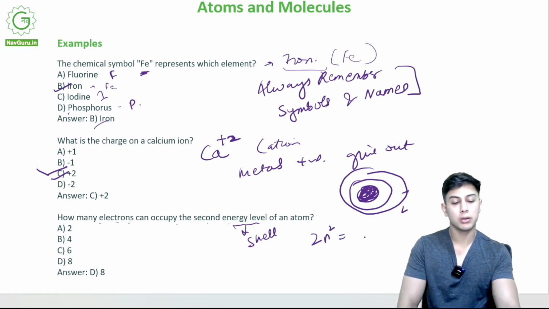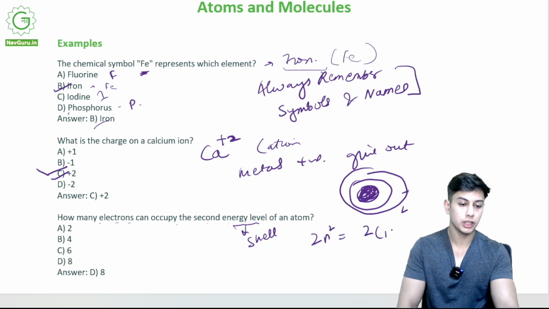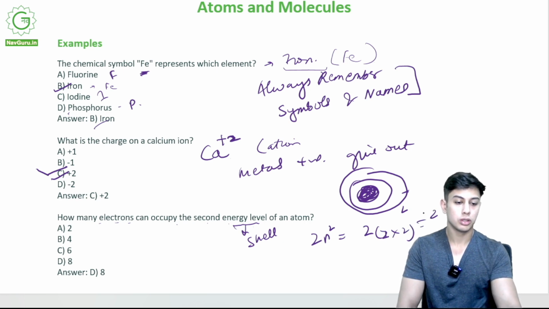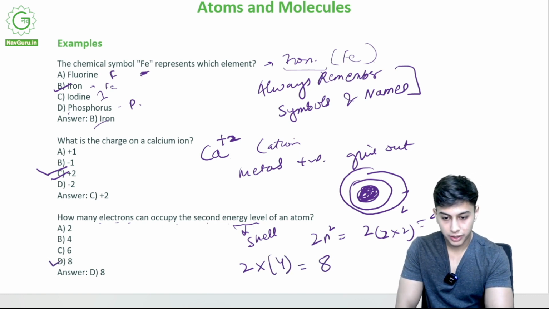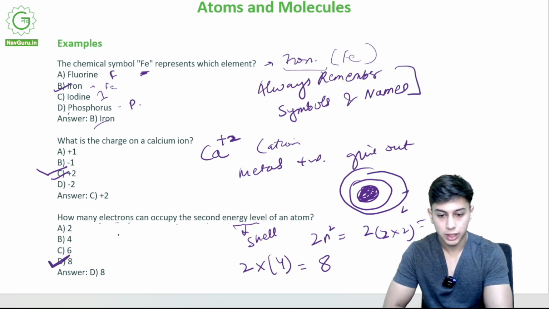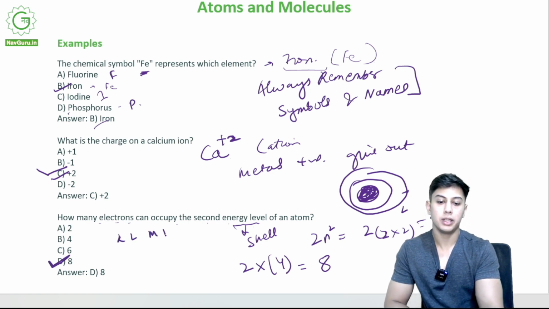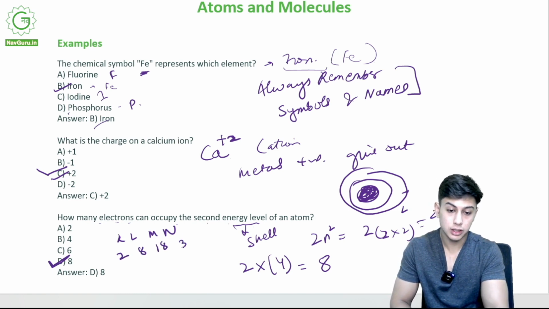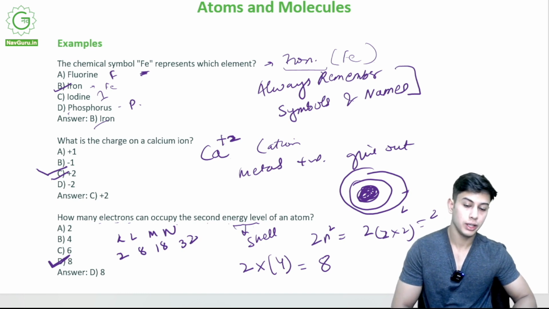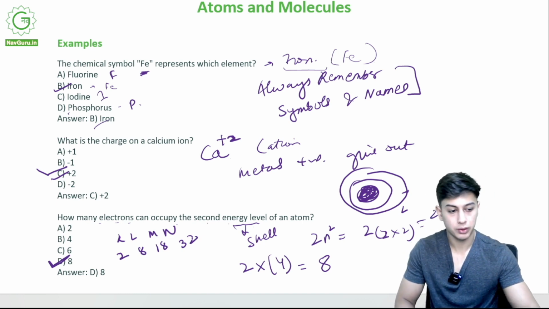Now I put n equal to 2. 2 multiplied by 2 into 2 is 4, which gives me 8. So maximum of 8 can come over here. K, L, M, N. Maximum for K is 2, L is 8, M is 18, N is 32.